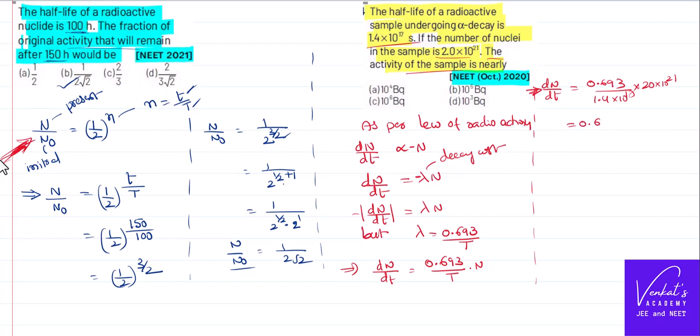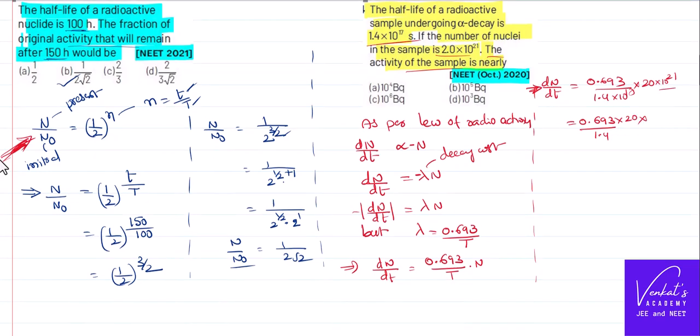If I further simplify this, 10 power 21 by 10 power 17 will become 10 power plus 4 automatically.